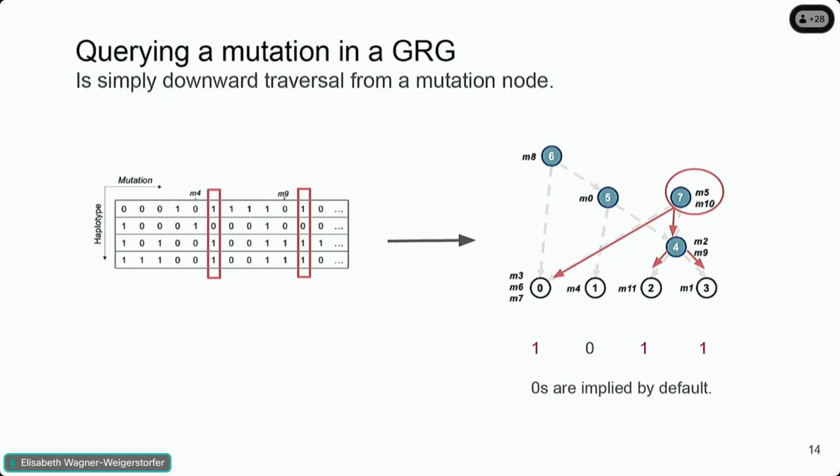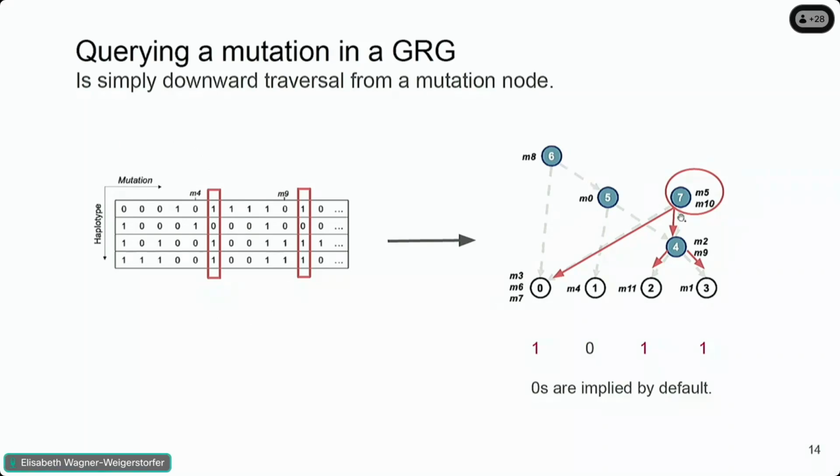So how do we query a mutation if we have a graph like this? On the left-hand side, we have a table of haplotypes. Each row is a haplotype, and each column represents the information about a mutation. We have 4 haplotypes here in these 2 red boxes. We see 1011 information that they're identical. This means that these 2 SNPs or mutations are in complete LD with each other.